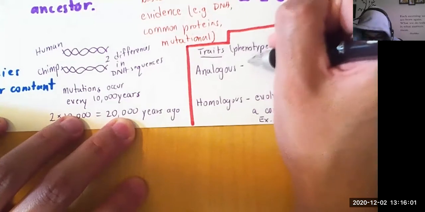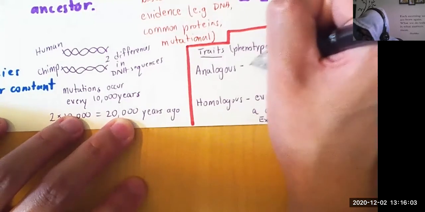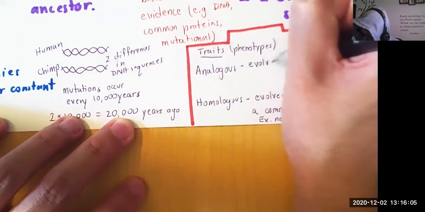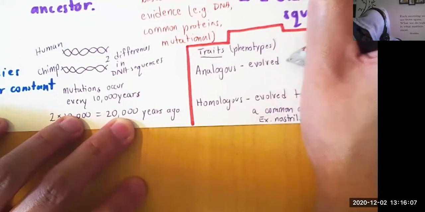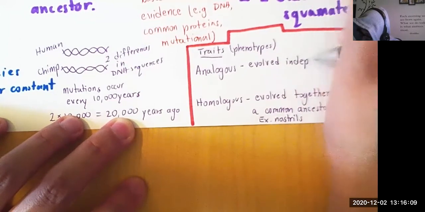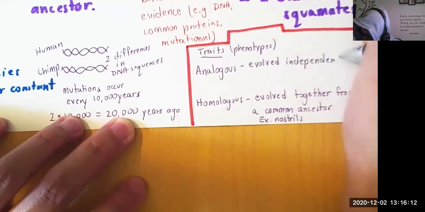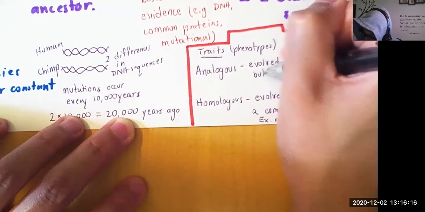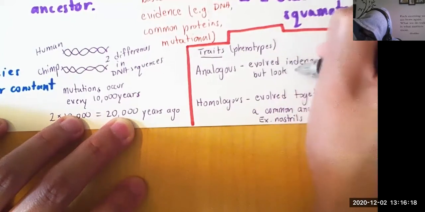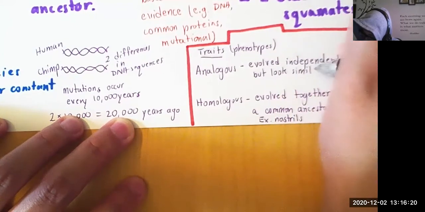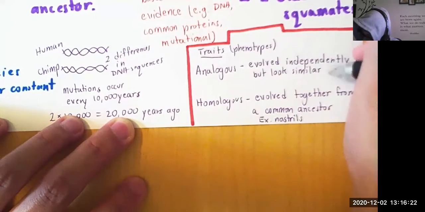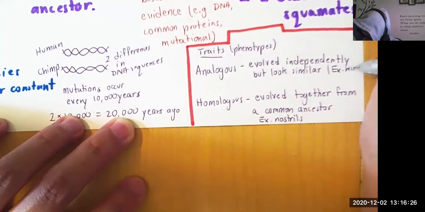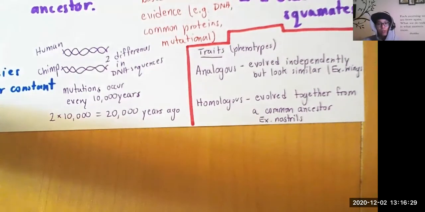Okay, an analogous trait is a little bit different. An analogous trait is a trait that evolved independently, but they look similar. A good example of this class are wings.